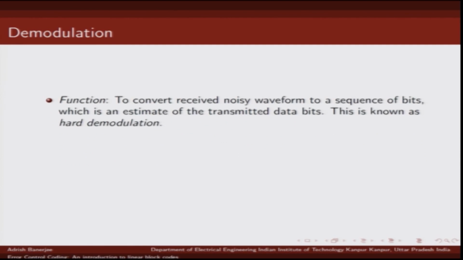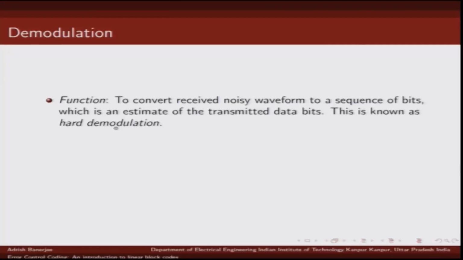Now, the next block in our digital communication system was demodulation. So, what does demodulation do? As a result of passing through the communication channel, what we get is a very noisy waveform, and from that noisy waveform you want to get an estimate of what the transmitted bits are. When we try to demodulate or get back the original bits, zeros and ones, that is known as hard demodulation.